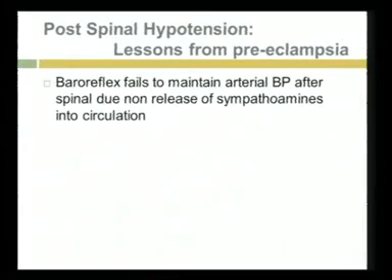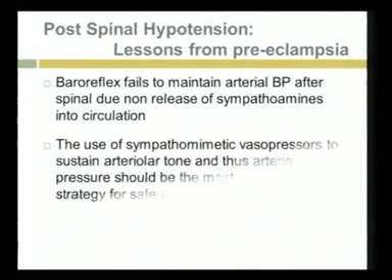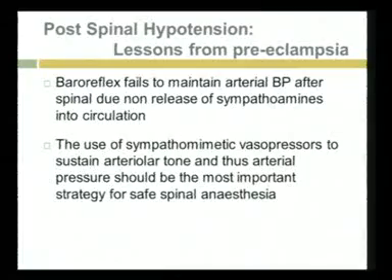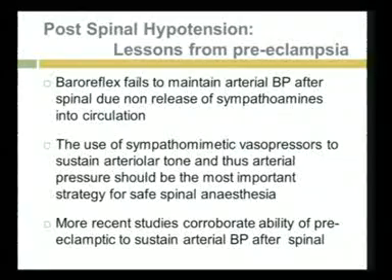Baroreflex fails to maintain arterial blood pressure after spinal due to non-release of sympathomimetic amines in the circulation. So the use of a sympathomimetic vasopressor to sustain arterial tone and thus arterial pressure should be the most important strategy in safe spinal anesthesia, and more studies calibrated this strategy in pre-eclamptic women, who are also hypovolemic and also have high arterial tone.